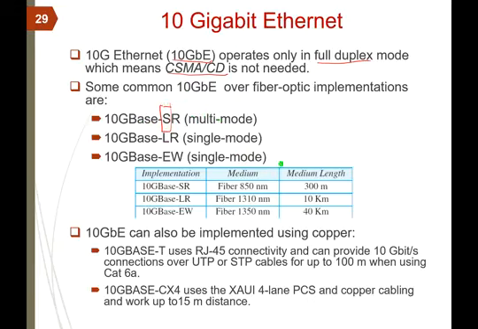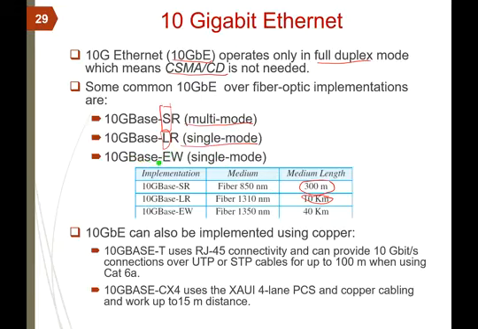Short reach, you see, is about 300 meters in length, and there is LR, the long reach, which can reach up to 10 kilometers. This one uses single mode fiber, and the short reach uses multi-mode fiber.